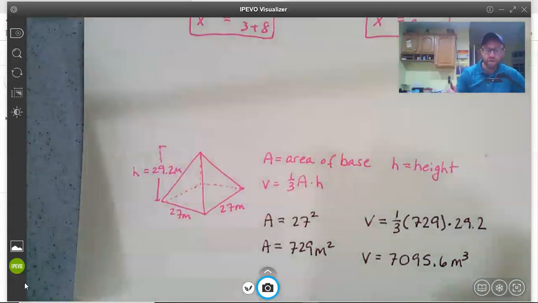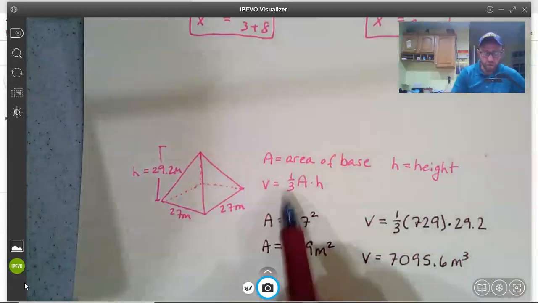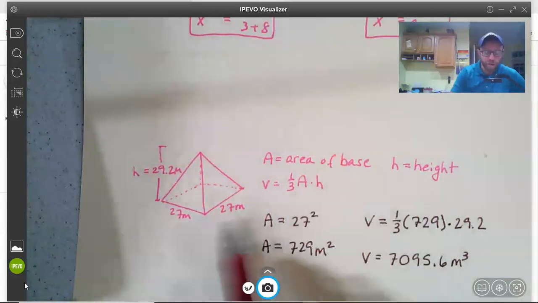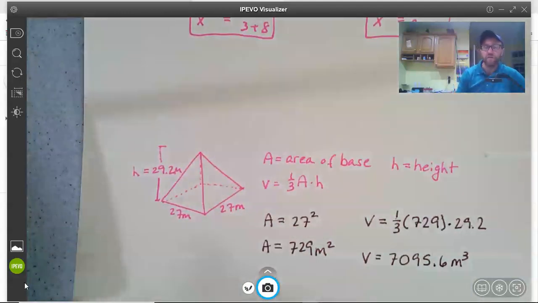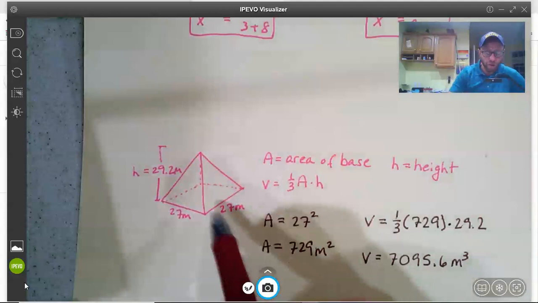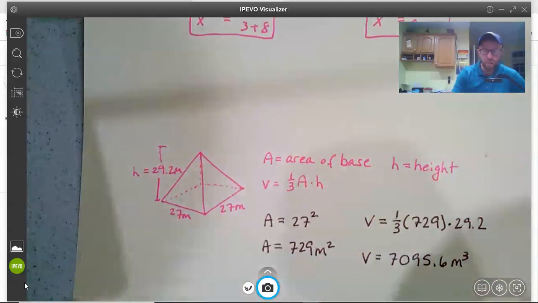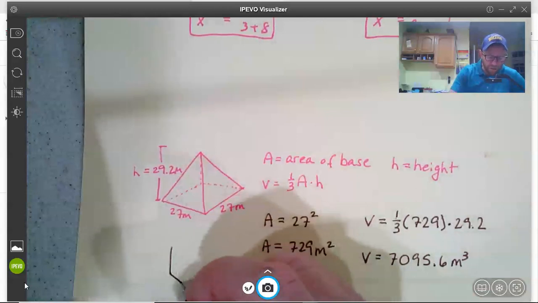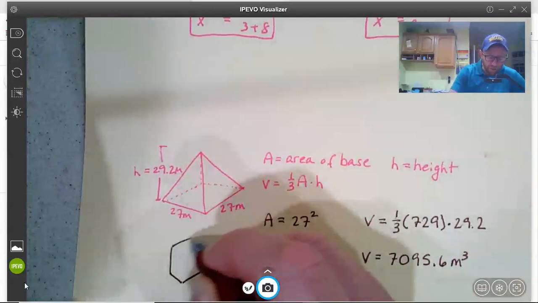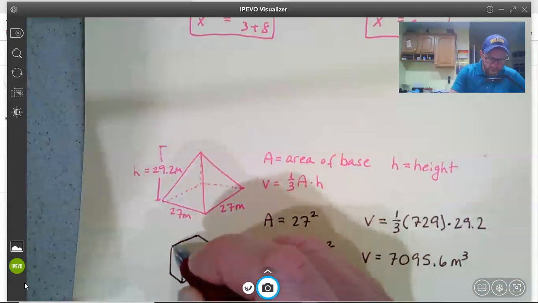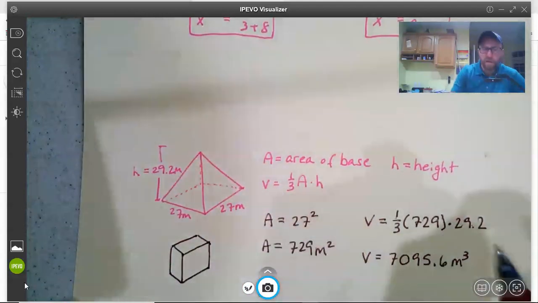One last point here. This formula, 1/3 area of base times height. If this were a cylinder instead, where the sides just go straight up, or if it were a prism where the sides go straight up. So a prism is simply like a box shape.